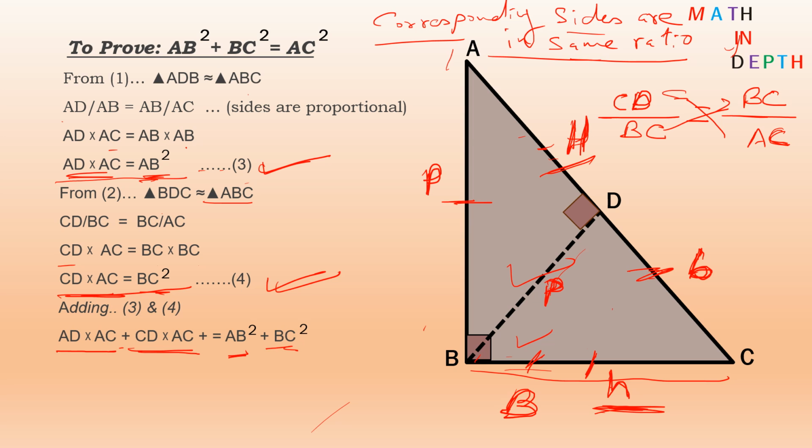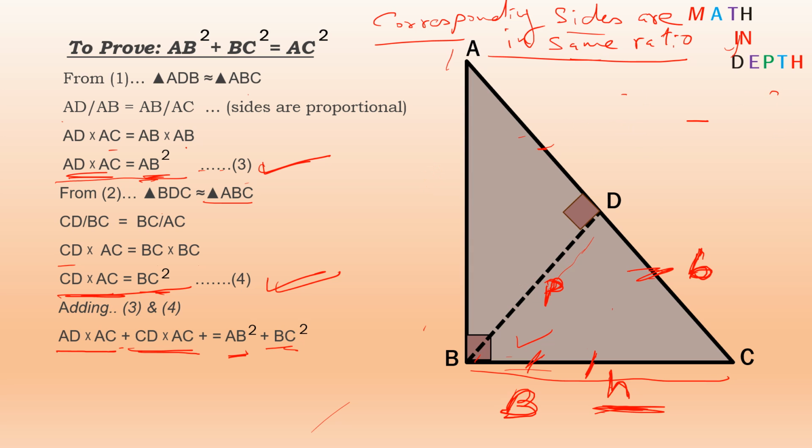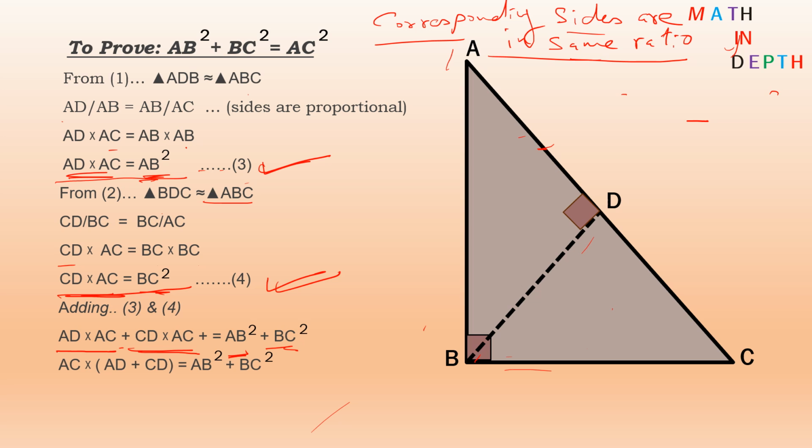Now to simplify this, what can we do here? We can take AC common. We have taken AC common, and it will be AD plus CD.